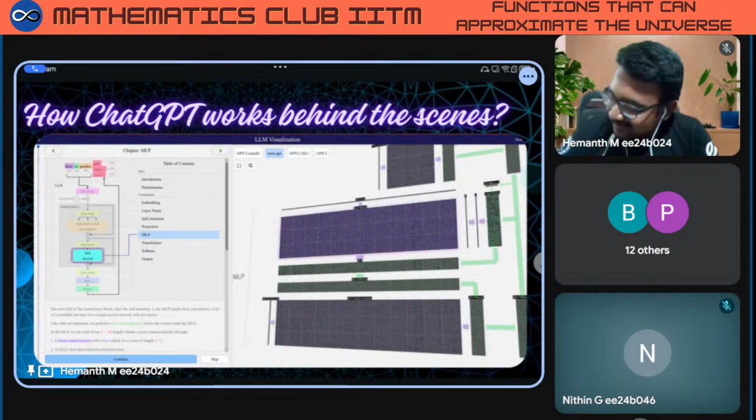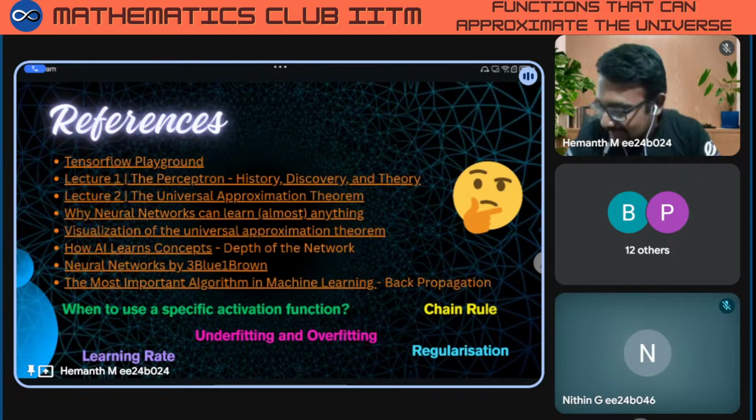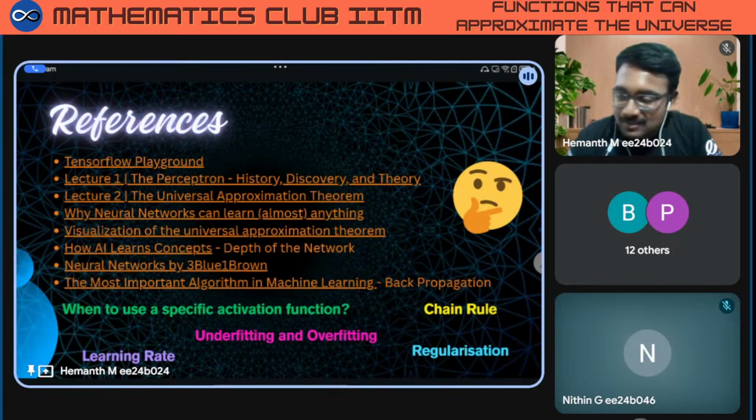These are some of the references that I used, which you can look at later after this session as well. These are some of the main topics that you can ponder over, like when to use a specific activation function, what is the effect of the learning rate, should it be too large or too low, overfitting and underfitting. You also come across a term called bias-variance trade-off.